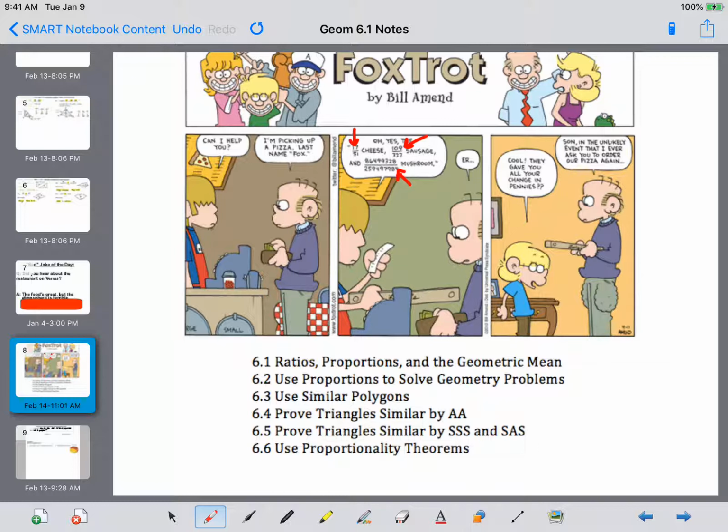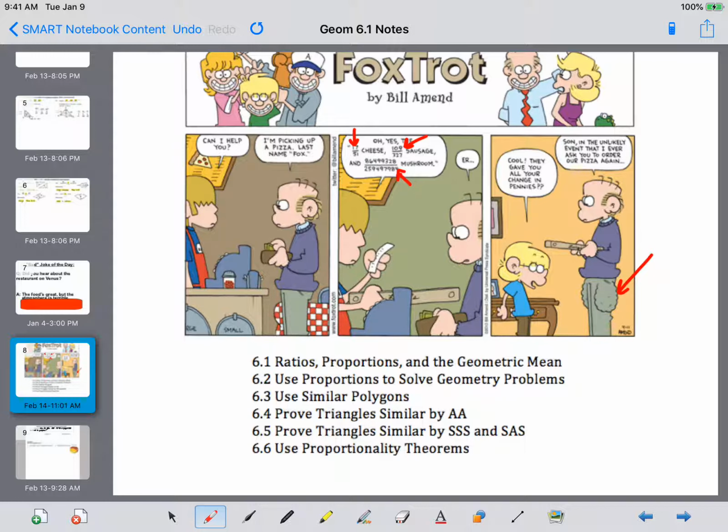And they were not very happy with that order, so he got all of the change in pennies. So yeah, if you're ordering a pizza, try to keep it simple with some simple ratios, not things like these. Fractions are pretty crazy.